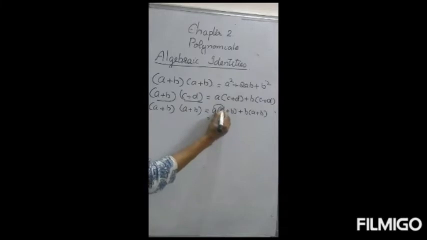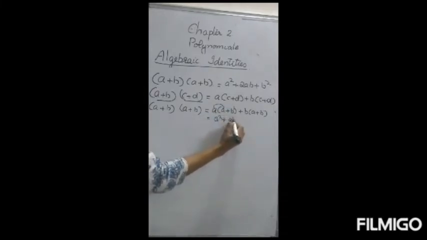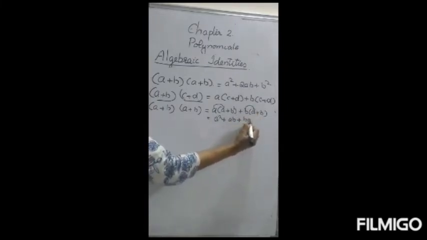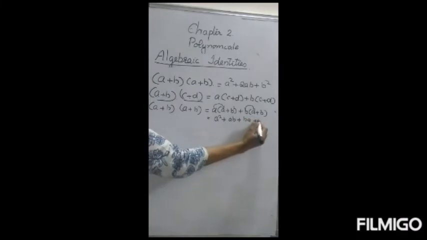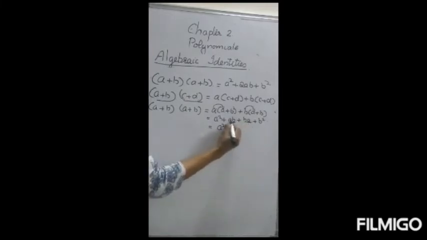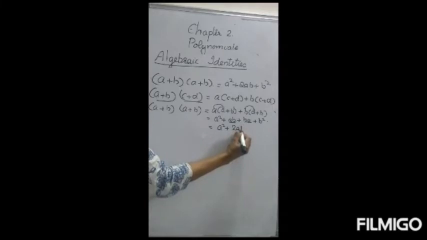A into a is a², a into b is ab, plus b into a is ba, and b into b is b². Again simplify: a² plus like terms ab and ab, that is 2ab, plus b².